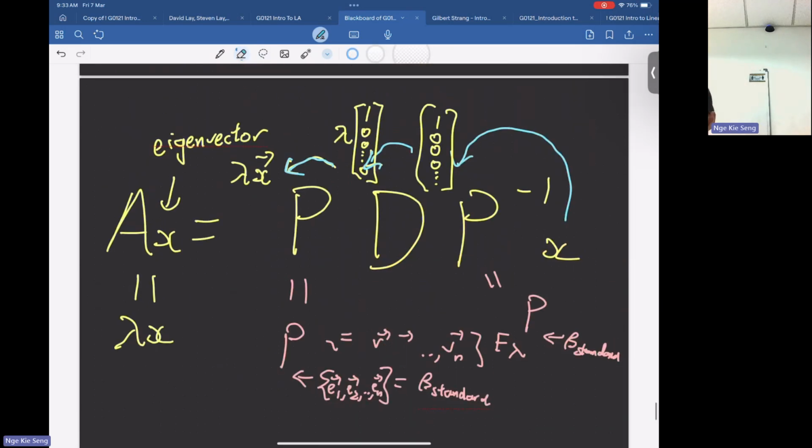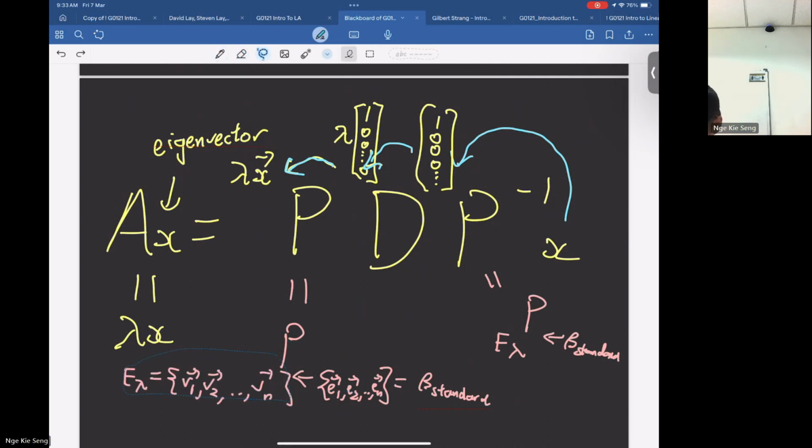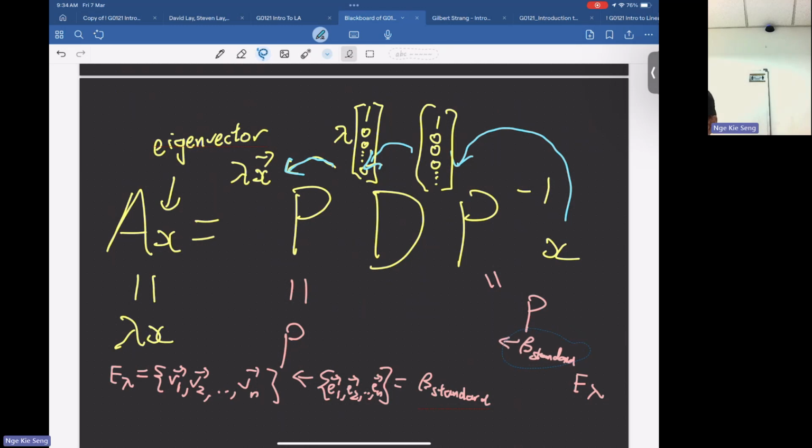Wait, did I get this wrong or not? I think this is correct. Standard basis back to, let me think how to say this.